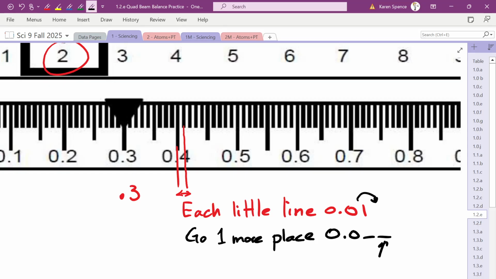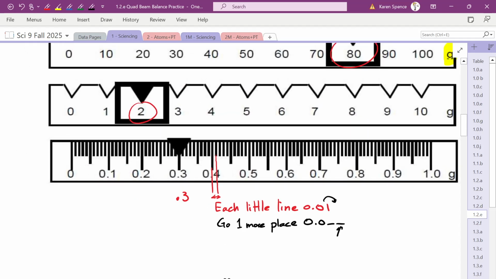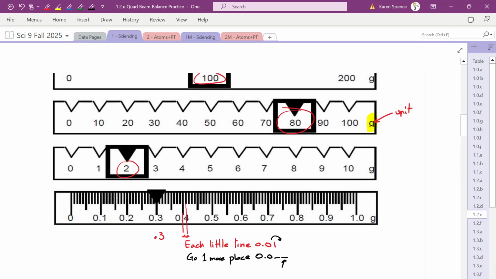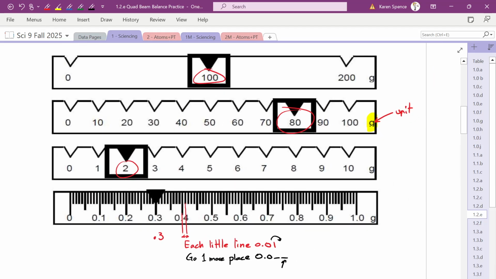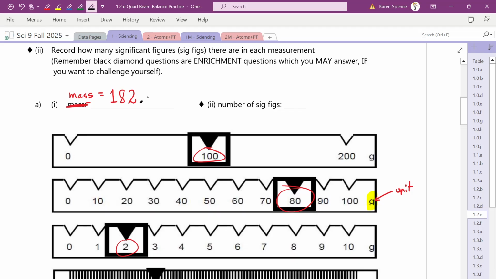But remember, you're in grade 9. This one is really tricky. If you don't get it in grade 9, that's not the end of the world. Okay? So this would be 182.300.